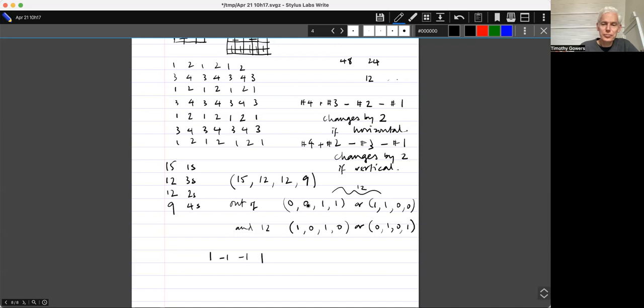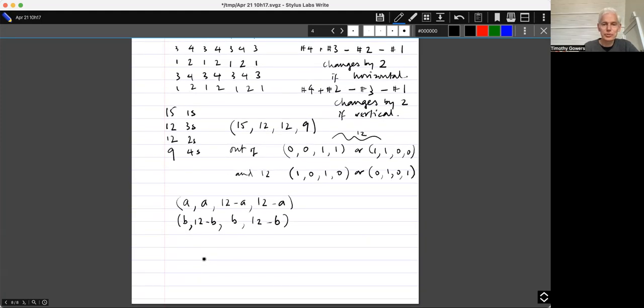Now, how would that help me? Well, I could do it in a sort of slightly unpleasant way, which is I can say, when I use 12 of these, I'm going to get A, 12 minus A, 12 minus A for some A, and for this I'm going to get B, 12 minus B, B, 12 minus B. And then I've got some simultaneous equations, but I've got rather a lot of equations.